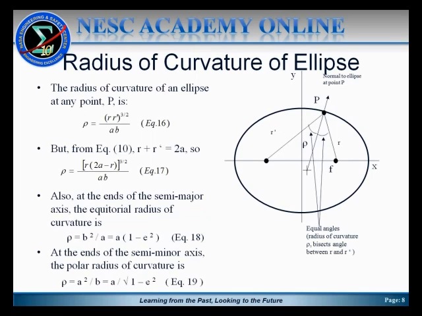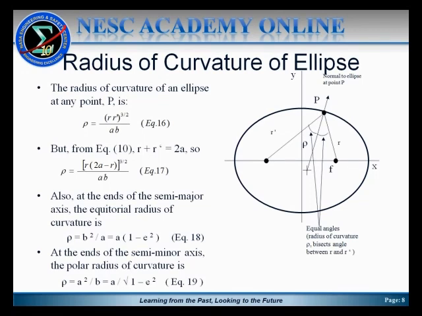Now again, from equation 10 a couple of slides ago, we showed that r plus r prime is equal to 2a. So making that substitution into equation 16, you can show that the radius of curvature of the ellipse at point P can be related to the expression shown in equation 17. That's quantity r times 2a minus r raised to the 3/2 power divided by AB.